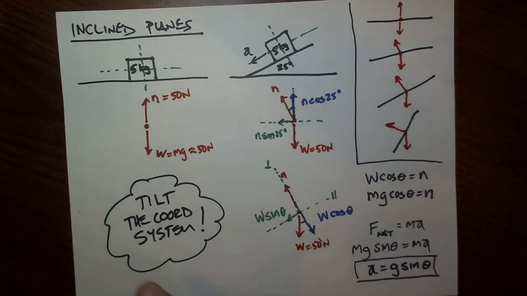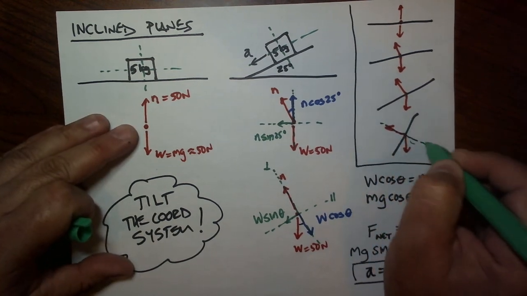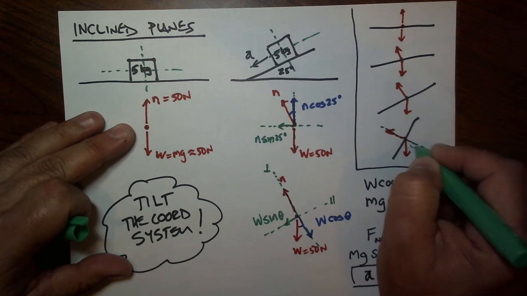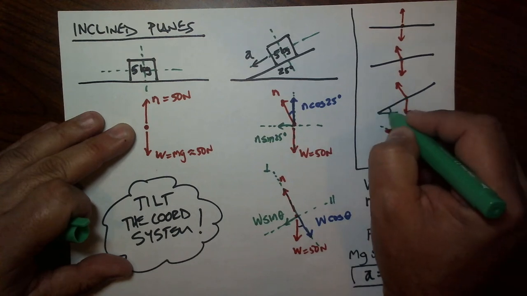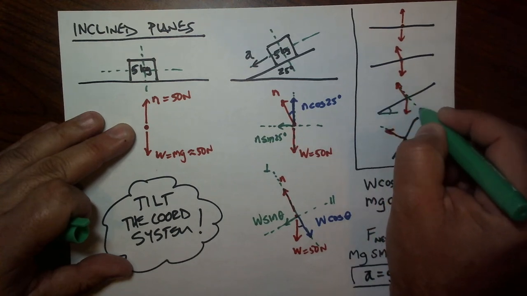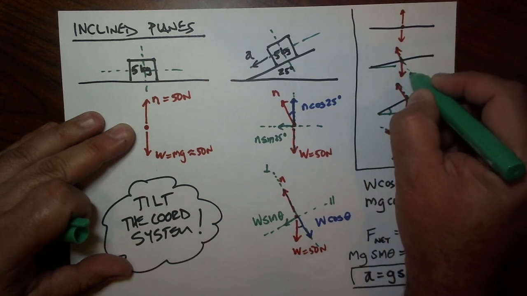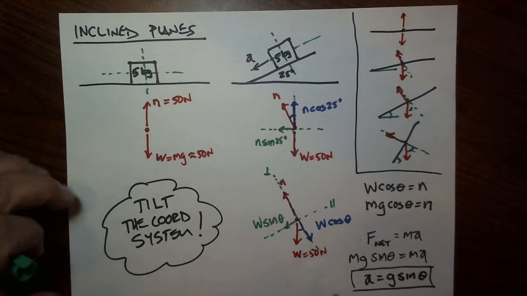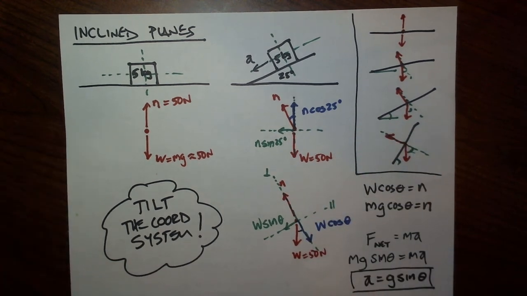And since the normal direction is the perpendicular direction, our y-axis will always be opposite the normal, always opposite perpendicular. So for a large angle of inclination, this is a large separation. For a medium angle of inclination, this is a medium separation. And for a small angle of inclination, this is a small separation. So the angle is always between the negative y-axis and weight.